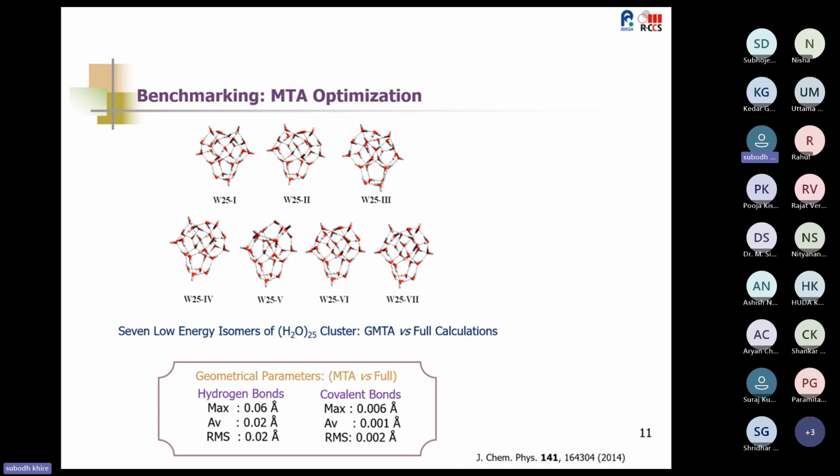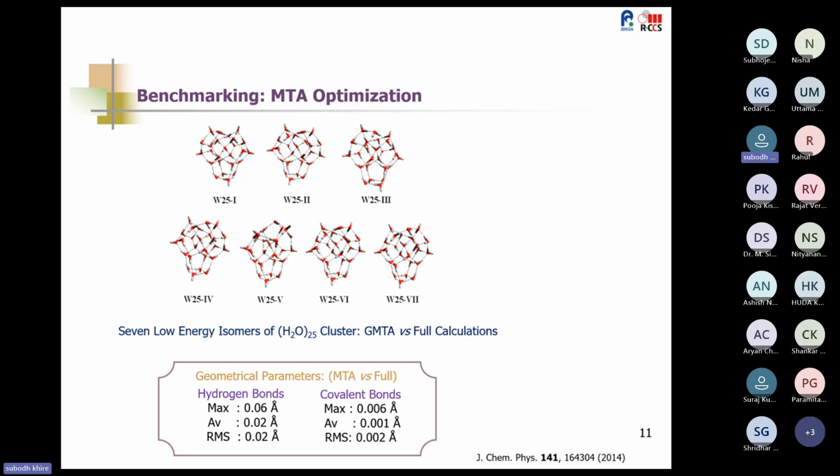and you can see the seven low energy isomers of water 25 clusters, GMTA versus full calculation. Below, I want to highlight the hydrogen bonds: the average distance of the hydrogen bonds between the full calculation optimized geometry and the MTA geometry. So we can see it goes in a very good way.